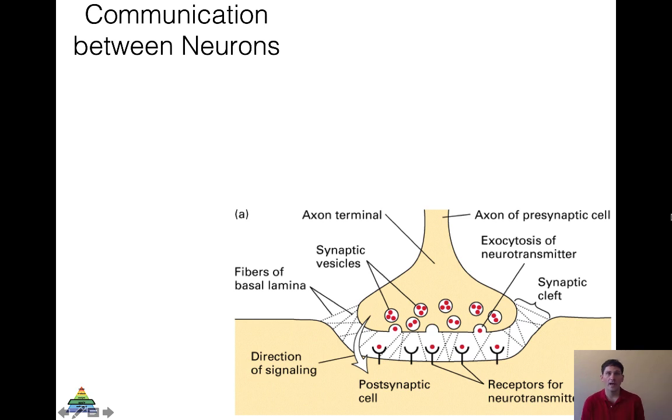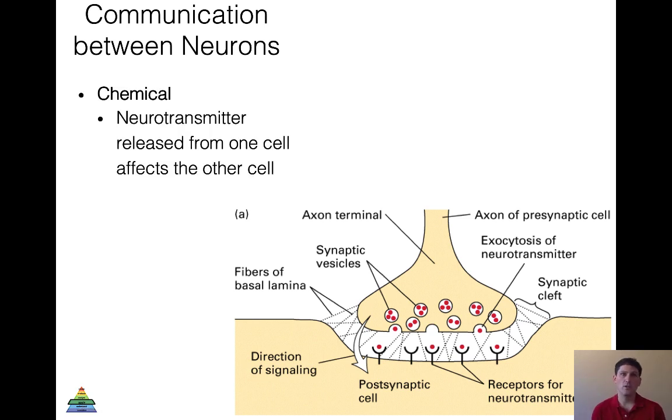But if we look at our chemical connection, we see that a neurotransmitter is released from one cell into the synapse, or the synaptic cleft, a space between the two, and it binds to receptors on the postsynaptic neuron.